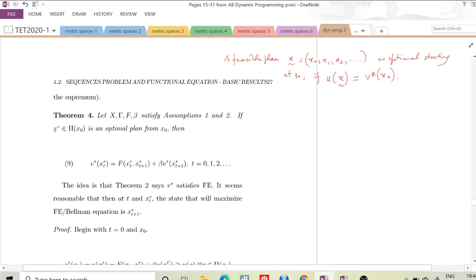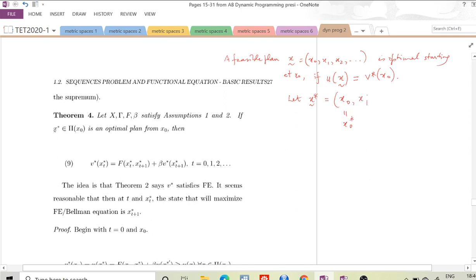Okay, so we'll use the x star notation for an optimal plan. So let x tilde star be the following: x naught, let's just call it x star naught, doesn't matter.